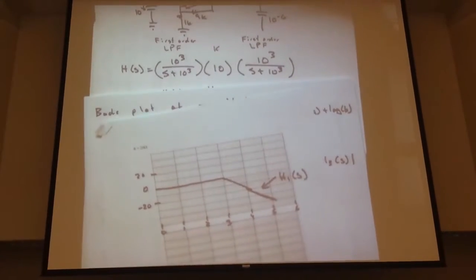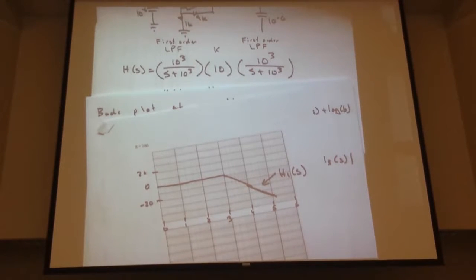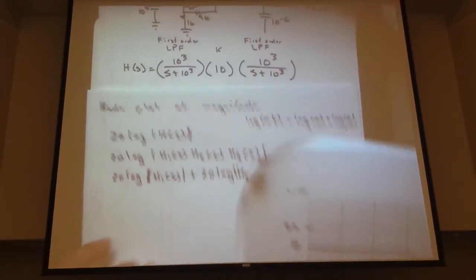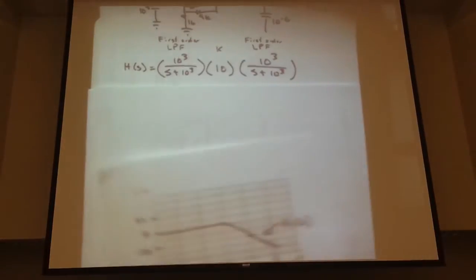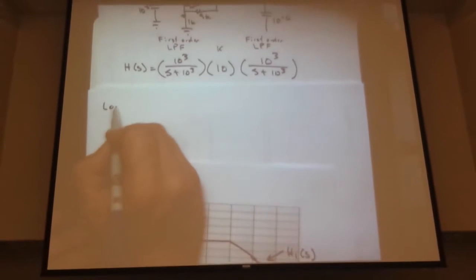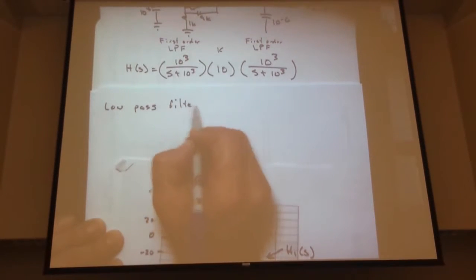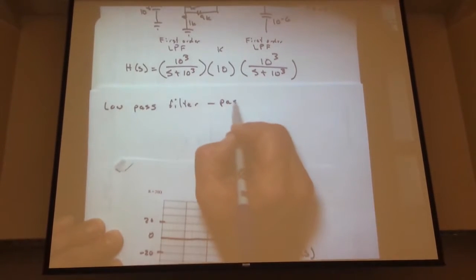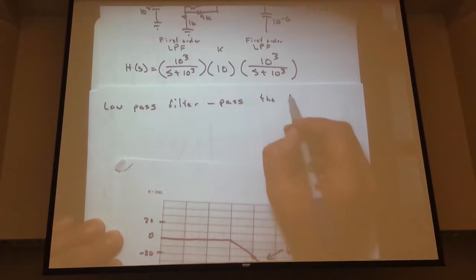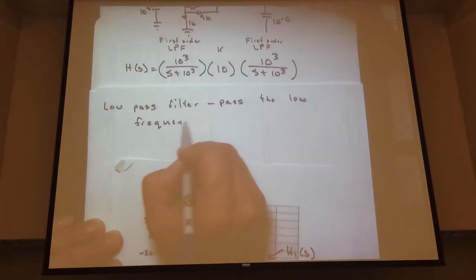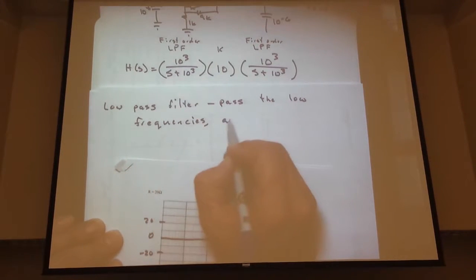Yeah. Can you quickly review what it means to be that type of filter? Oh, just what does low pass filter mean? So, low pass filter is somewhat self-named. Pass the low frequencies and attenuate the high frequencies.